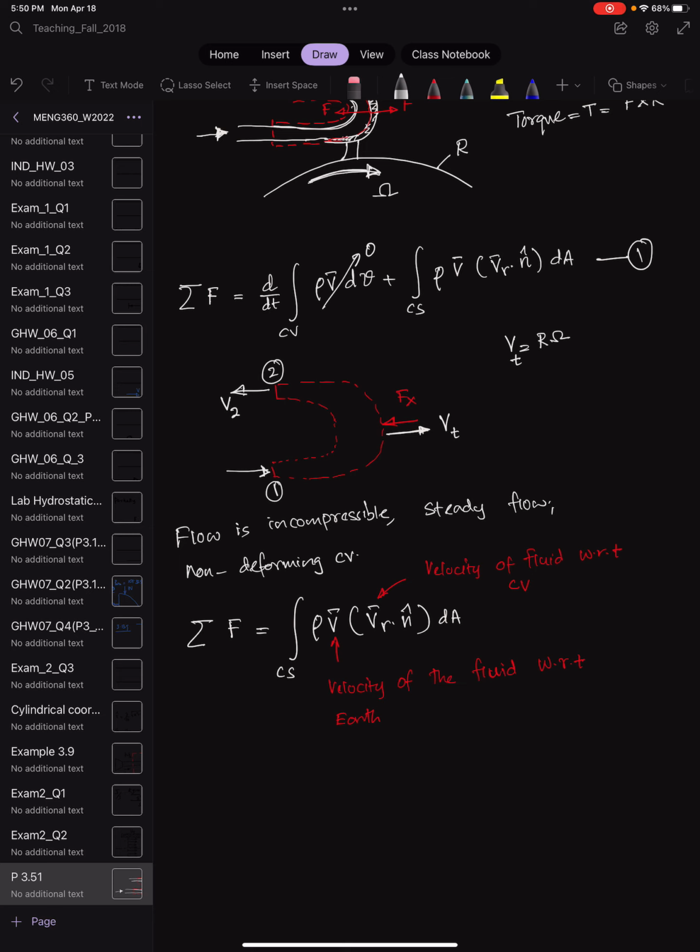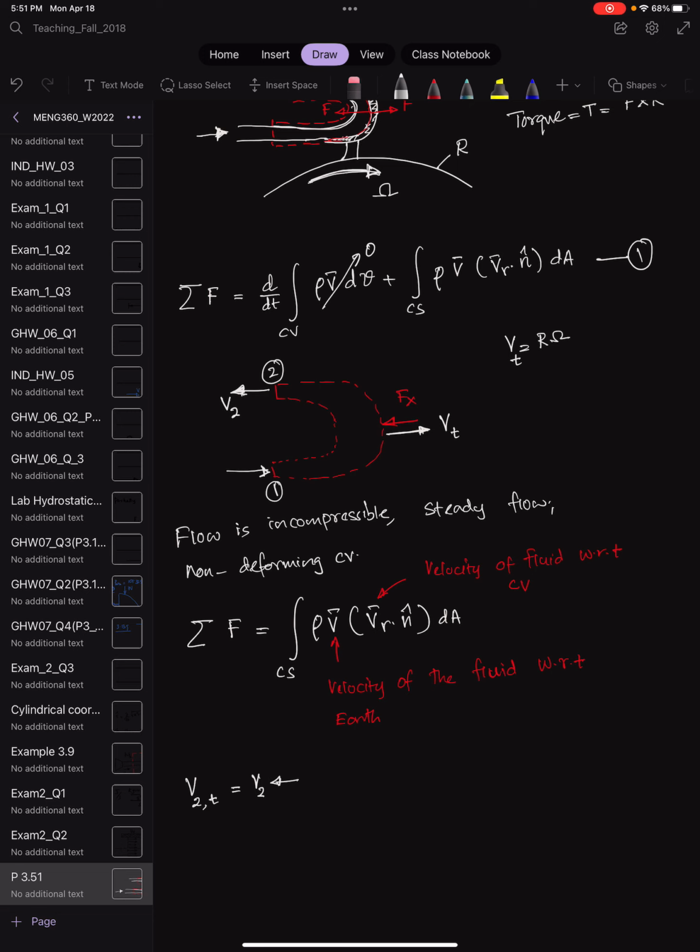V2 is the velocity at 2 with respect to the turbine, or control volume, the same thing, since the control volume is moving at the speed of the turbine. It's in this direction.